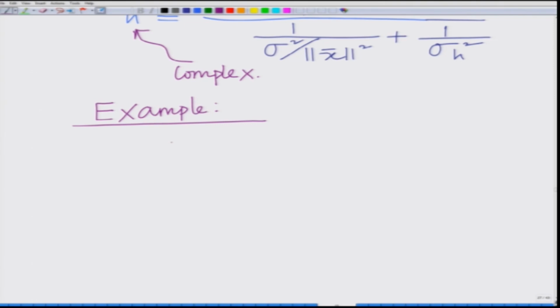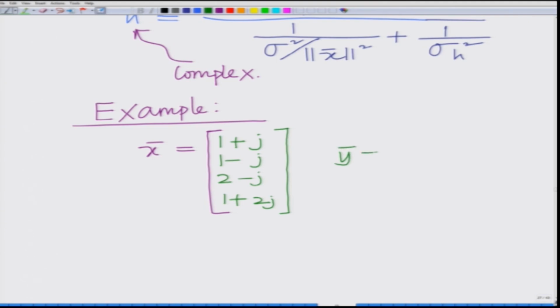Consider the pilot vector x bar equals 1 plus j, 1 minus j, 2 minus j, 1 plus 2j. And y bar, what is our y bar?